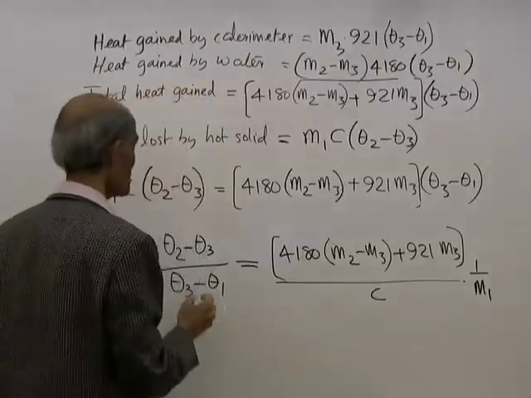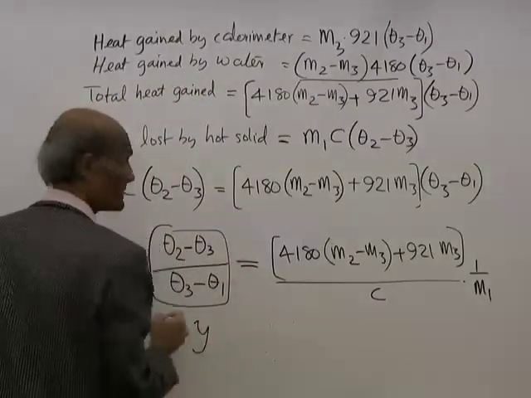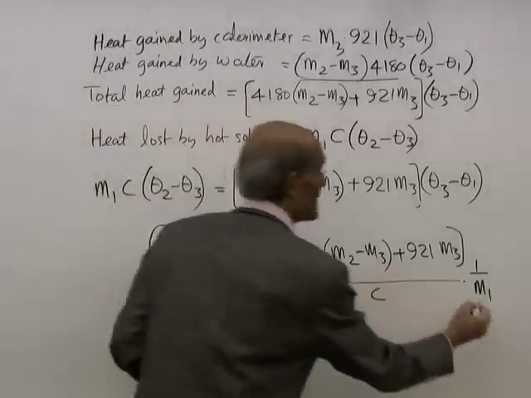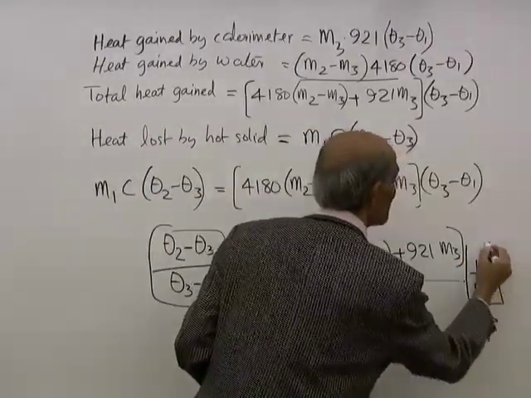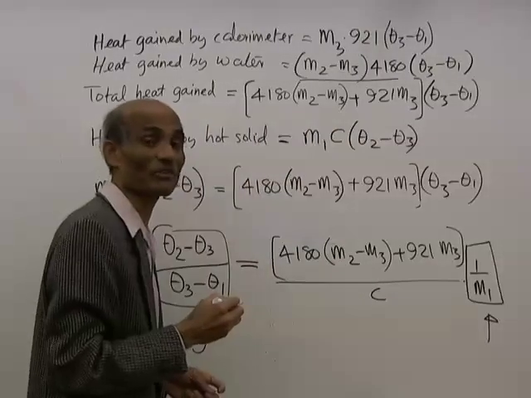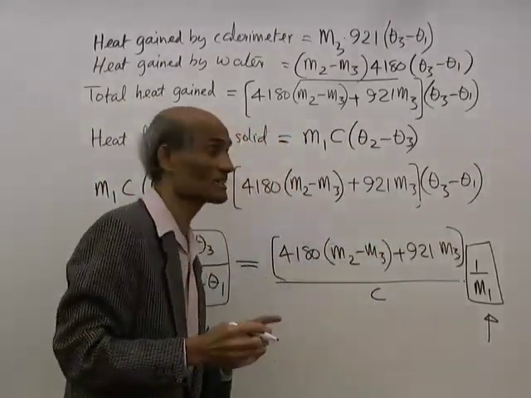In other words, if this is your Y, then this will be your X. 1 over M1 will be your X. And all this quantity is a constant.